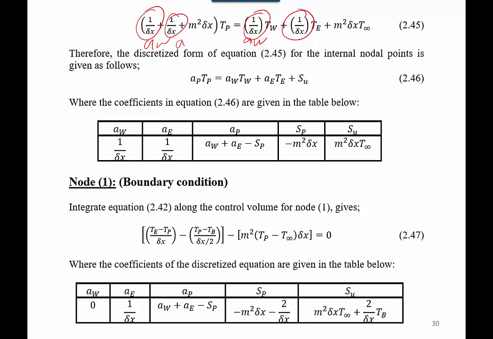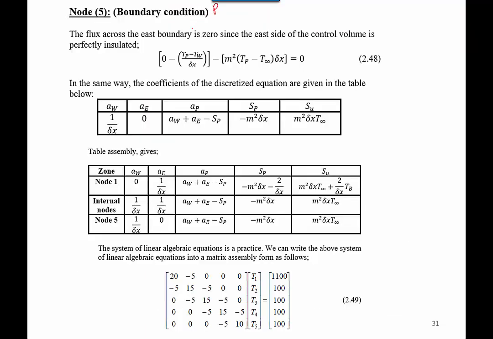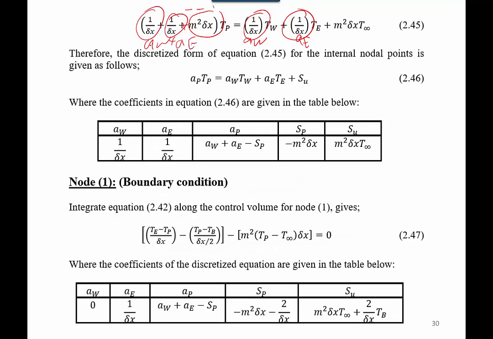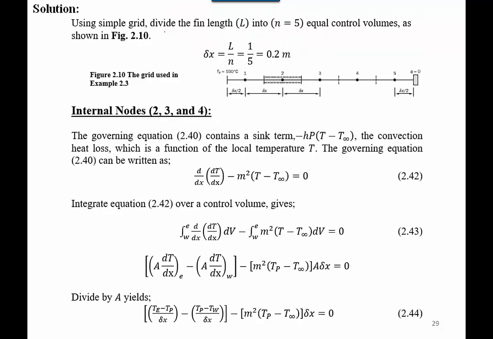It is A east, because here it is multiplied by A east, and this one is a plus sign, therefore A P is A west plus A east minus SP. Sorry, here minus SP. Therefore SP equals minus m square delta x, and this equation 245.